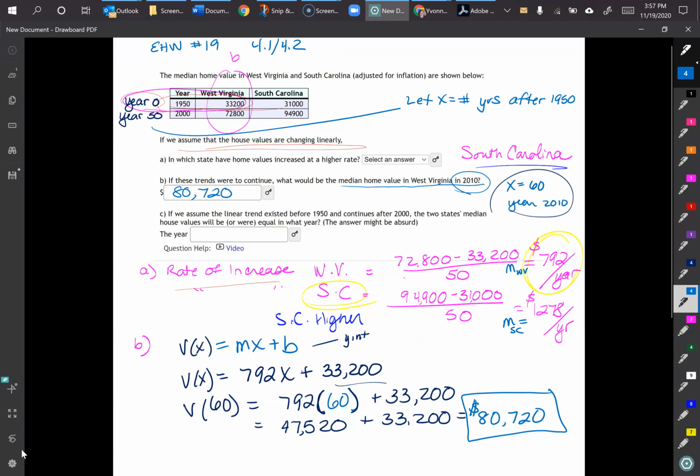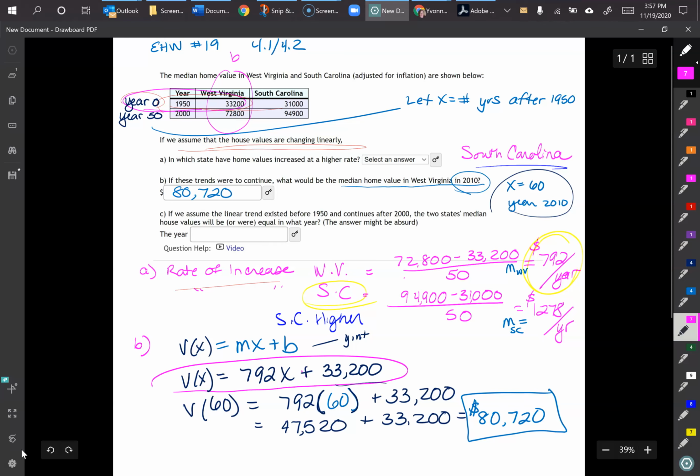Now for part C, we assume the linear trend existed before 1950 and continues after 2000. The two states' median house values will be or were equal in what year? The answer might be absurd. We're going to take a look at each equation and then set them equal to each other is how we would figure that one out. We already have our equation for West Virginia, v of x.